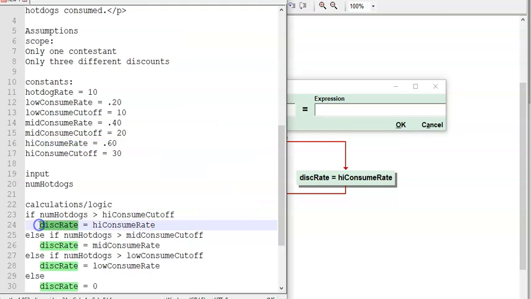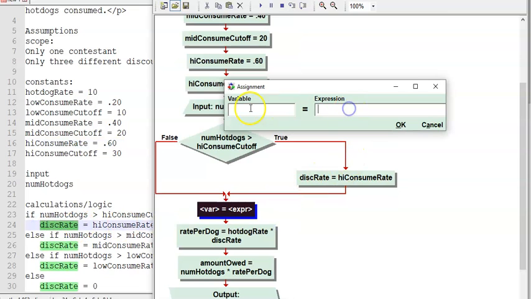All right, so the disk rate, Control C, we never type, Control V, equals 1 minus the disk rate. So what did we do there? Remember, the disk rate is 60%, but that is not the rate we want to charge. It's how much we want to actually take off $1 pretty much.